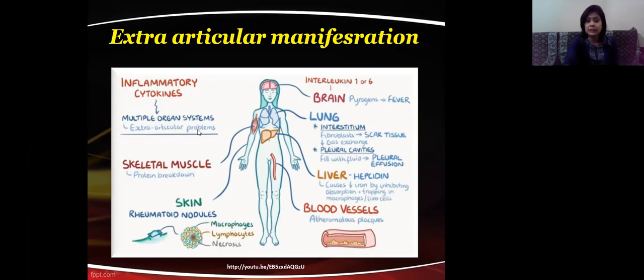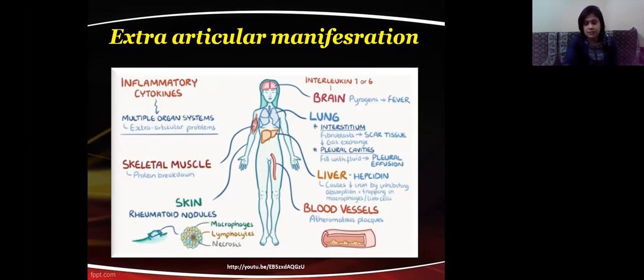They will target multiple organ systems, and there will be extra-articular manifestations of this disease. For example, if interleukin 1 and interleukin 6 reach the brain, then they will act as a pyrogen and will induce fever. In such a way, if they reach the skeletal muscles, then they will start protein breakdown.